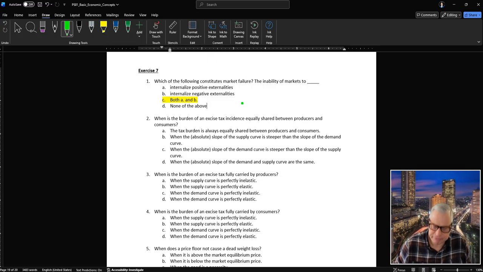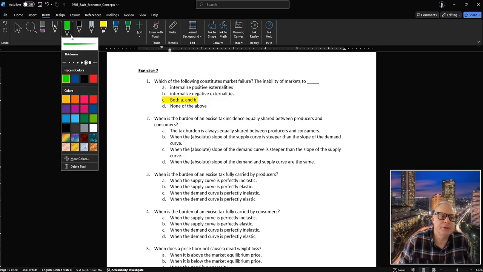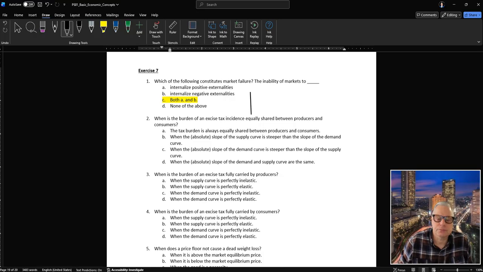So when we have, let's say, a market, and we have a demand, and we have a supply, then the assumption is that the production of something creates additional costs to society, which however are not internalized.